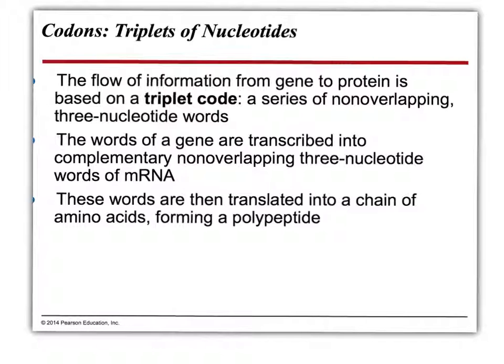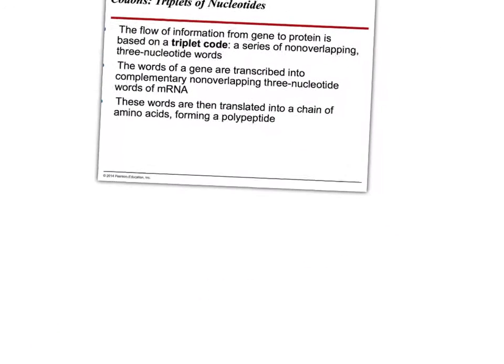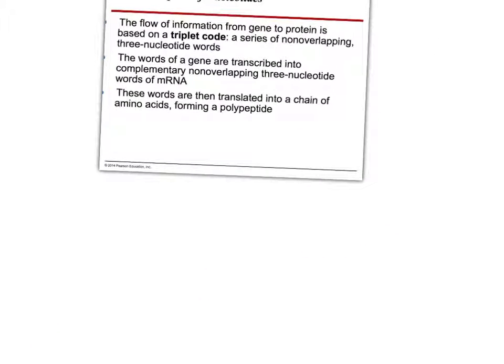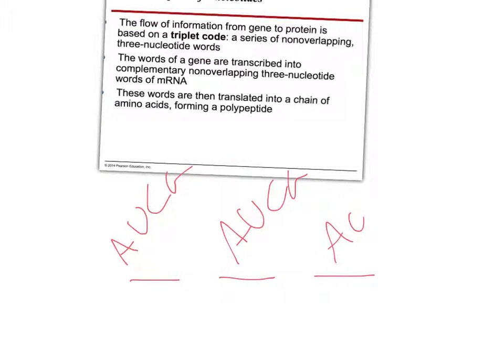I saw a puzzled look back there, so if I have 1, 2, 3, and each of these 3 spaces can be A, U, C, or G, each of them can be one of those. To figure out how many combinations that is, you take the 4 possibilities to the 3rd power, which equals 64 different combinations for a triplet.